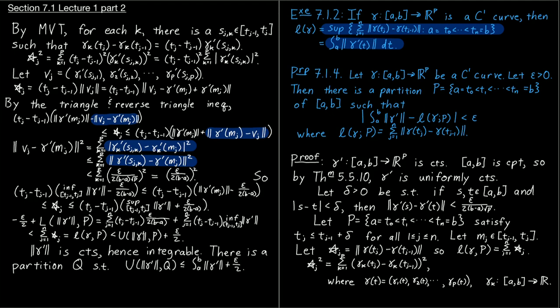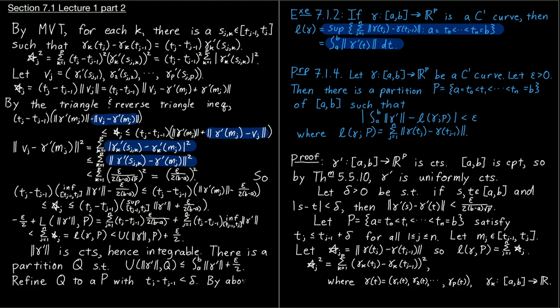And then we can refine the partition Q, since refining never makes the upper sum bigger. So we refine Q to a partition P as above, with t_j minus t_{j-1} all less than delta.